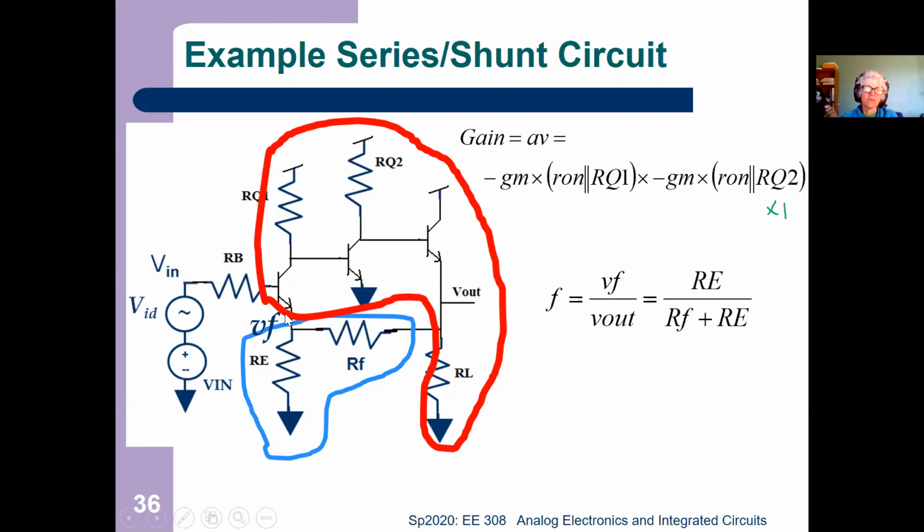This R out messes up your input, or this is so small it pulls a bunch of current off your common collector and messes it up there. So either your R out might be too big and your RN might be too small, or there might be a problem with your RE and RF values. I'll try to get through this quickly, and then that's the last topic I have for today.